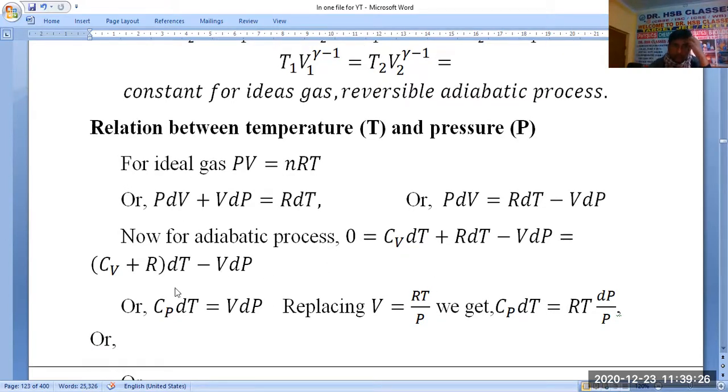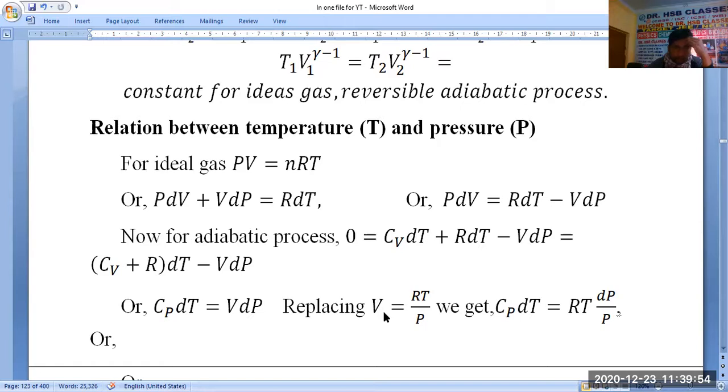Then R means Cp minus Cv, so Cv plus R is actually Cp. Then (Cv plus R) dT equal to VdP, that is, Cp dT equal to VdP.